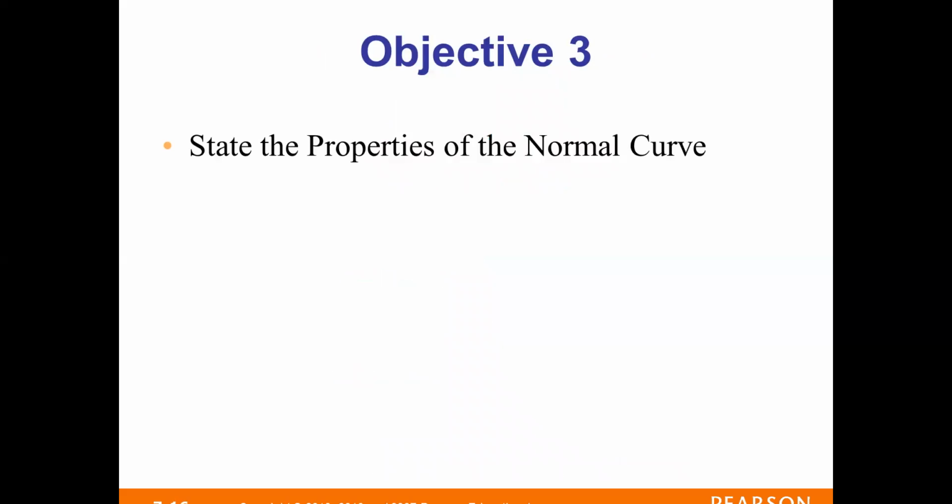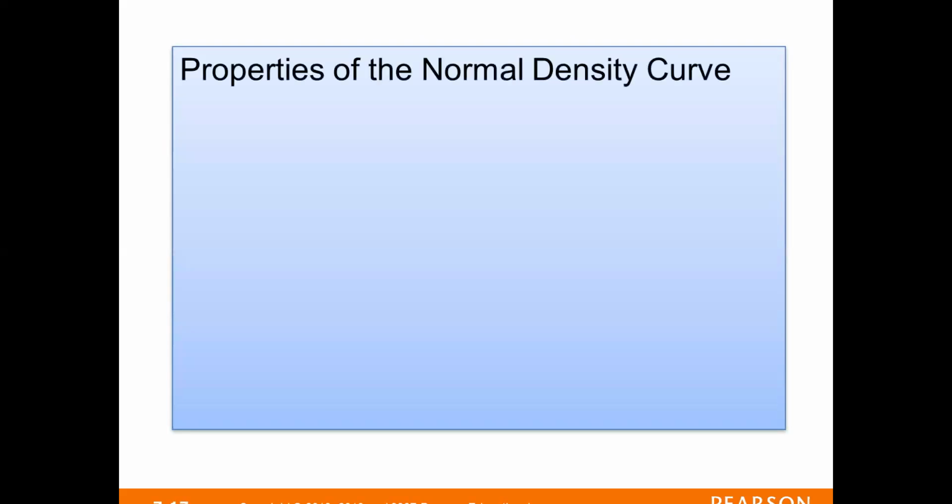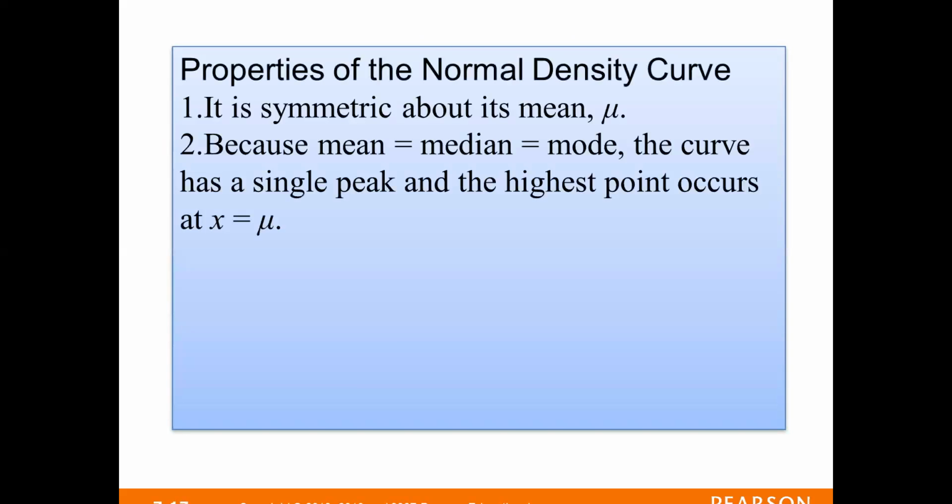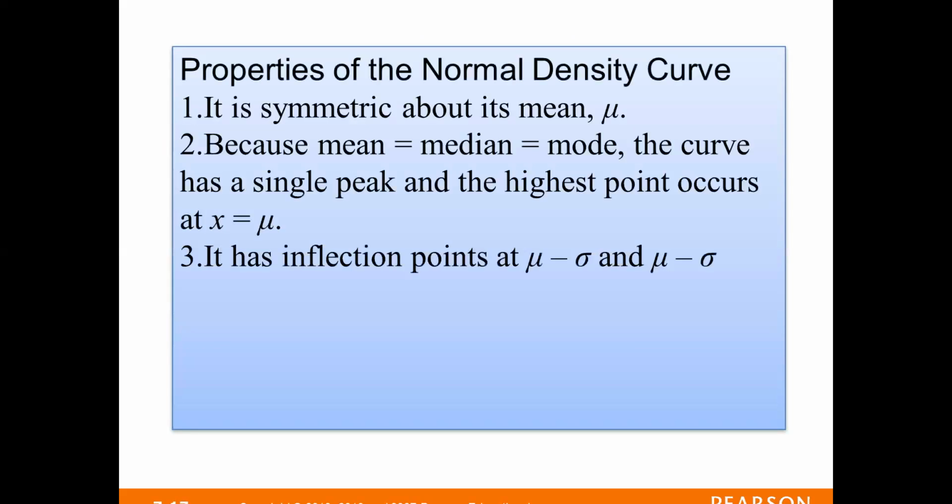So let's look at some properties of the normal curve that we can gain from those pictures. One, it's symmetric about its mean, so the mean will be right in the middle of the picture. The mean, the median, and the mode are all the same thing for a normal curve. So it has a single peak, and the highest point occurs at the mean. It has inflection points at mu minus sigma and mu plus sigma.